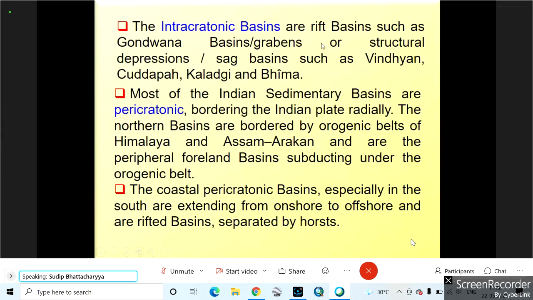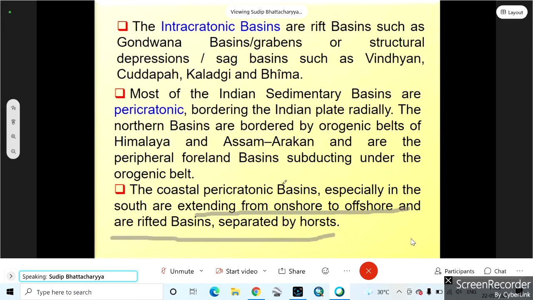This is particularly important from our perspective, because the pericratonic basins are our main source of petroliferous basins.